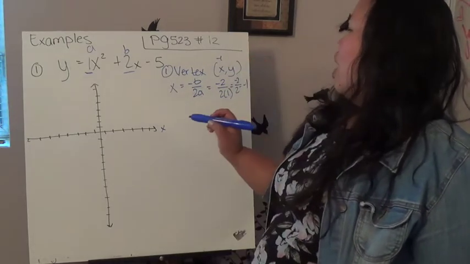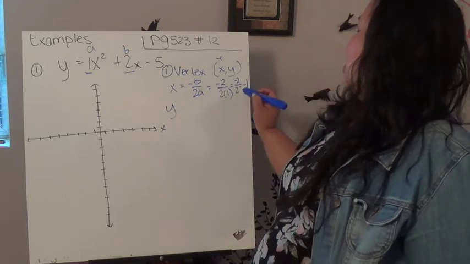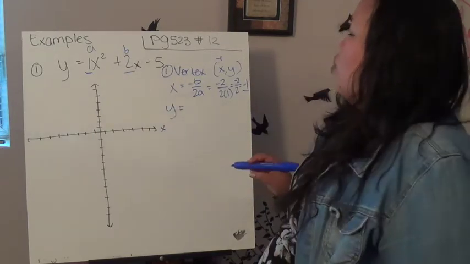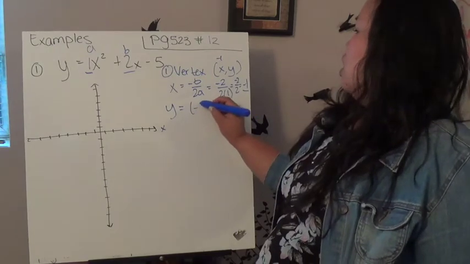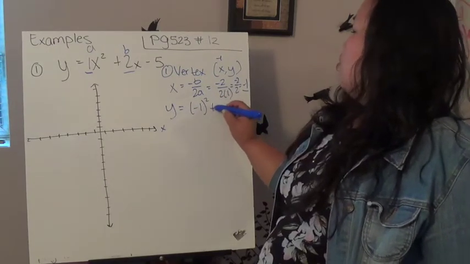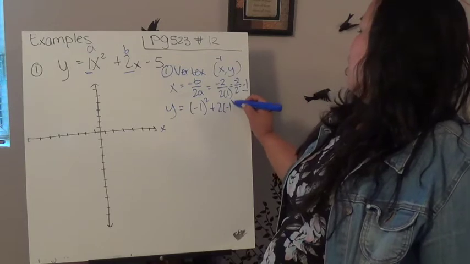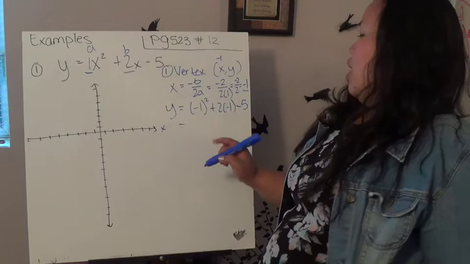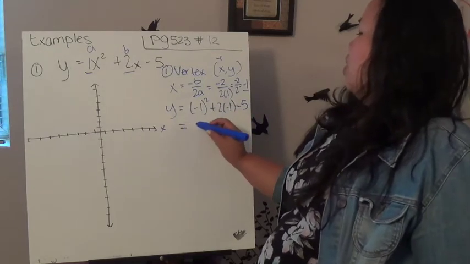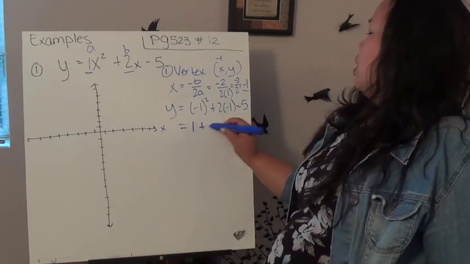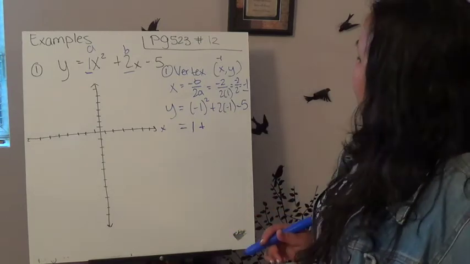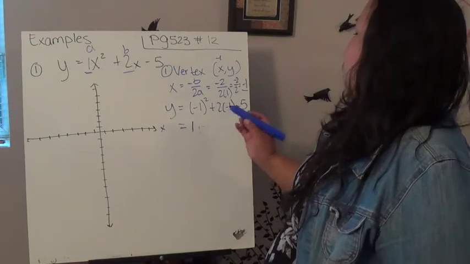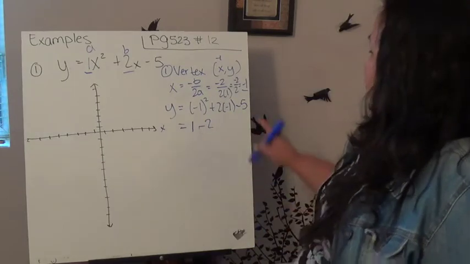Now I need to find the y. And I find the y by taking this and plugging into my x's. So y equals negative 1 squared plus 2 times negative 1 minus 5. So I have negative 1 times negative 1, which is positive 1, plus 2 times negative 1, which is negative 2, and then minus 5.